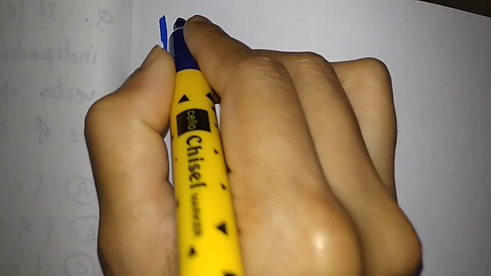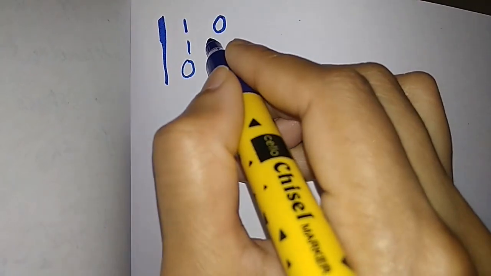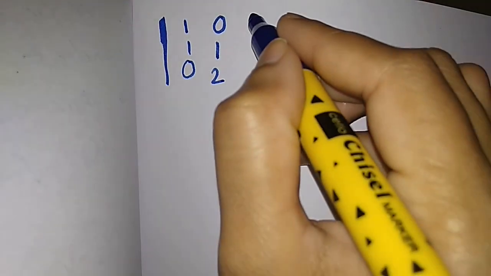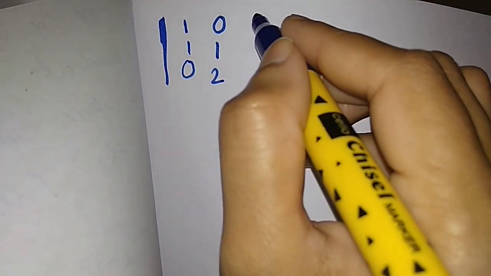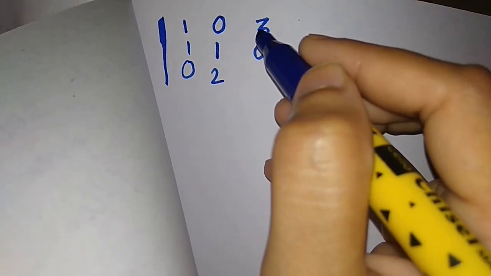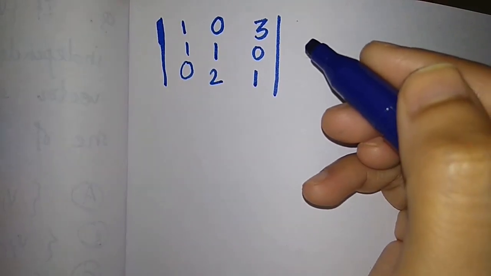In this case it is 1 1 0, taking a column vector. Next is V2 plus 2 times V3, that means 0 V2 and 2 times V3. Now the last is 3V1, the coefficient of V2 is 0 and V3 coefficient is 1.